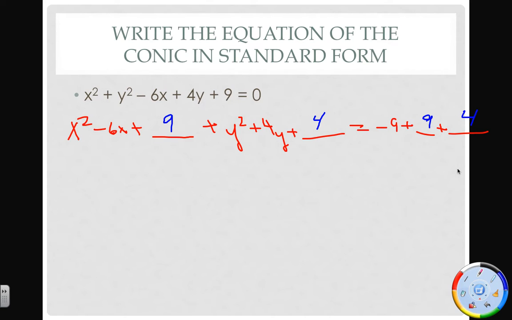And you're almost done. In this particular case, I would get x minus 3 squared plus y plus 2 squared, sorry for the ugly writing today, equals -9 plus 9 is 0, plus 4 is 4.